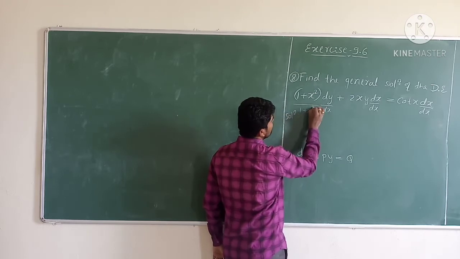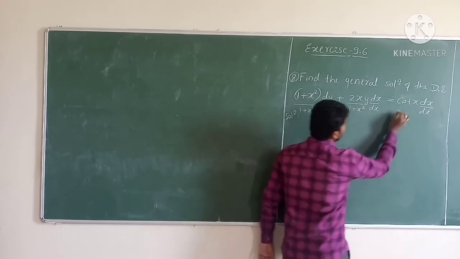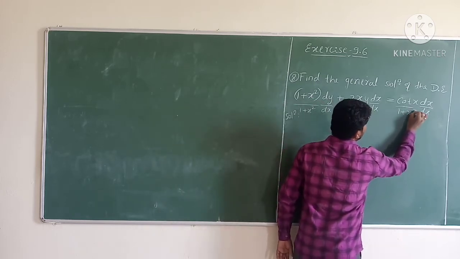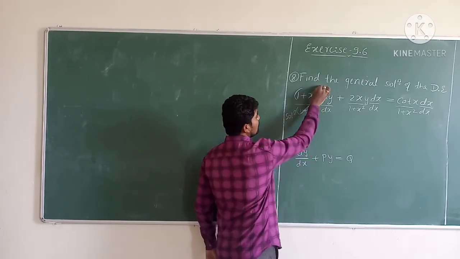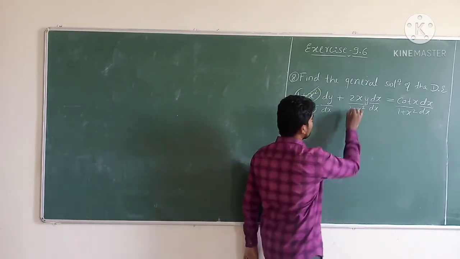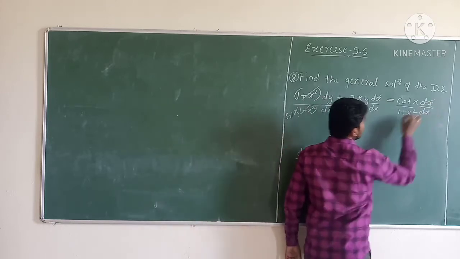Therefore I will divide the whole equation by 1 plus x square. Now 1 plus x square and 1 plus x square get cancelled, and dx gets cancelled.